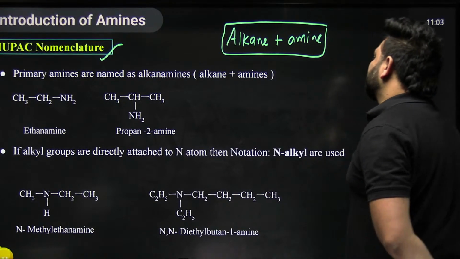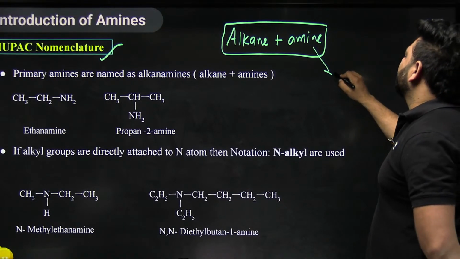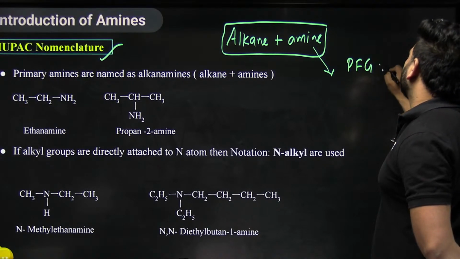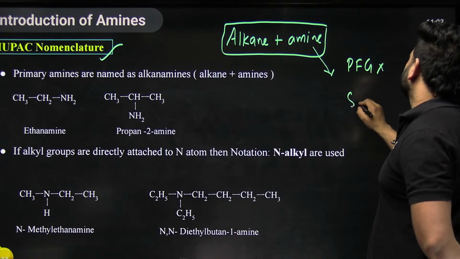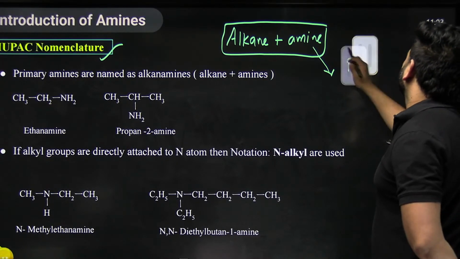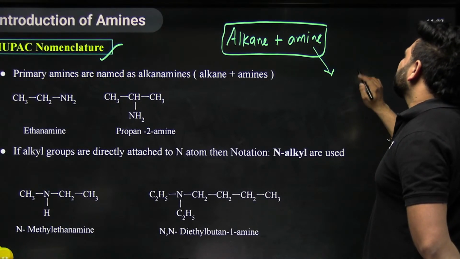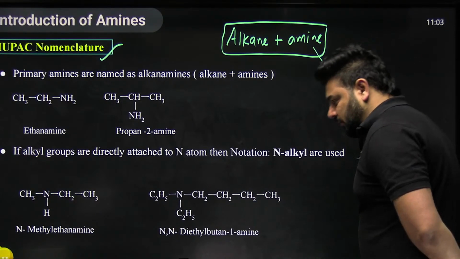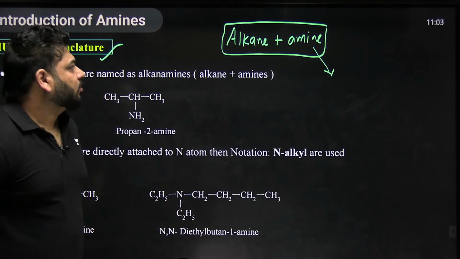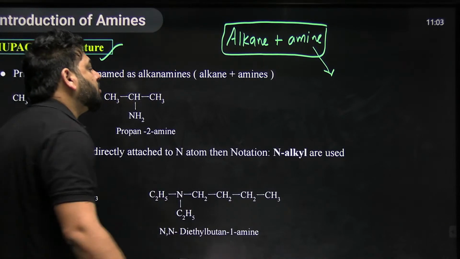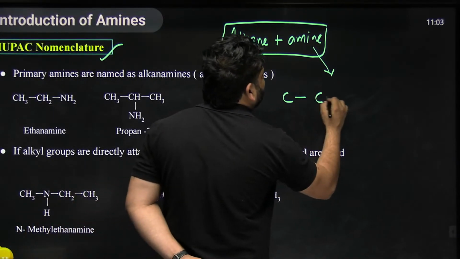Amine is not taken as a principal functional group, it's normally taken as a substituent only, because being a functional group, the numbering of the carbon atom can be done from either side.